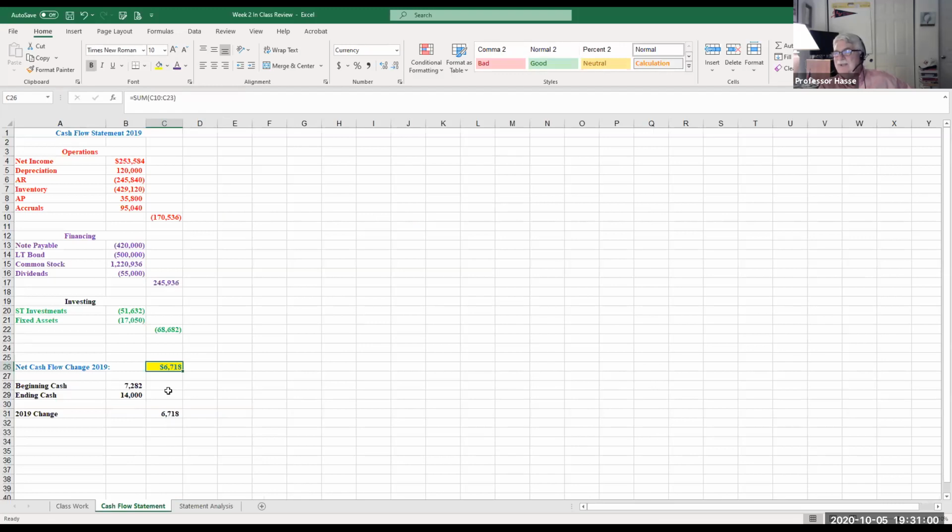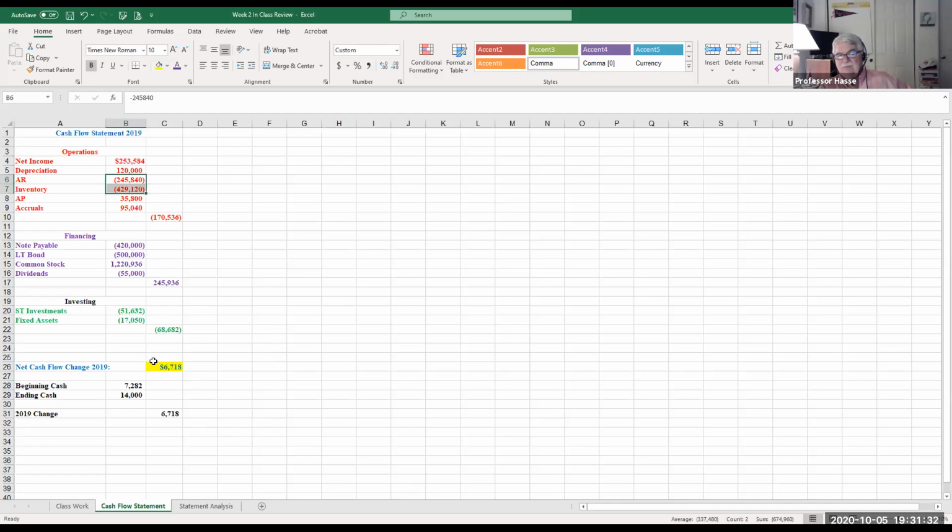So this company has a problem. They made $253,584 in profits, net income, but their cash only increased by $6,718. And that's including raising capital by selling an additional 150,000 shares of stock. What did they do with all that money? They paid off old debt, and they are not collecting their receivables and inventory.